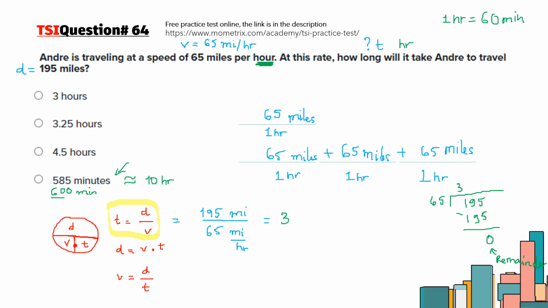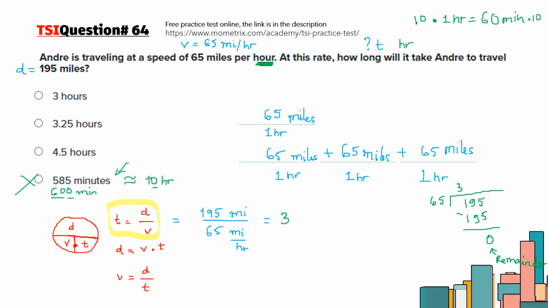Because 1 hour is 60 minutes, and with the power of 10 you put one more zero behind the number. Or if you don't believe me, you can multiply this relationship by 10 on both sides: 1 times 10 is 10, and 60 times 10 is 600. So that is 10 hours, and this one will not be considered as the answer.